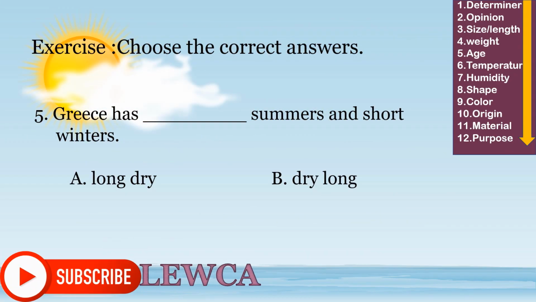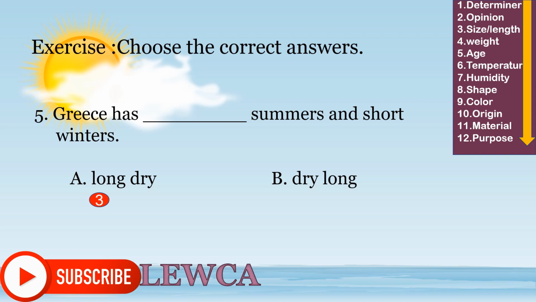Okay, let's try another question. Question 5. Greece has blank summers and short winters. So we have two choices of answers. A, long dry, and B, dry long. So let's number these adjectives according to the order of adjectives. Long is size, so it's in position 3.